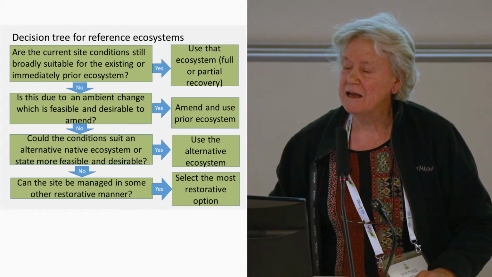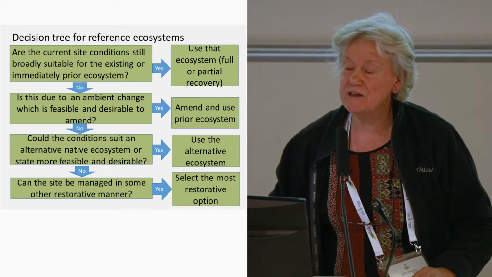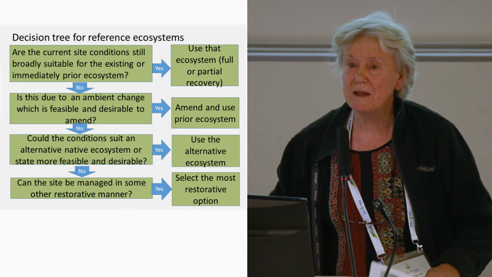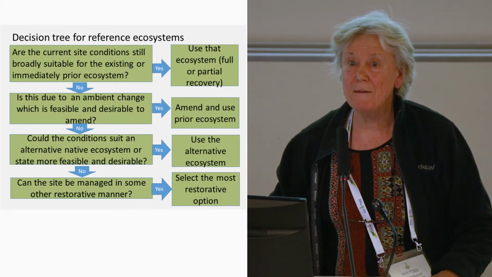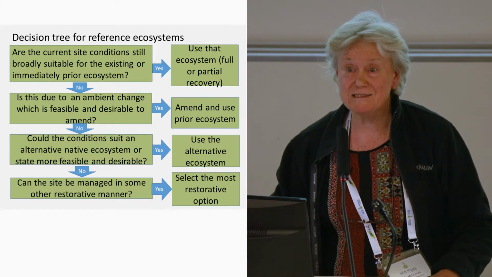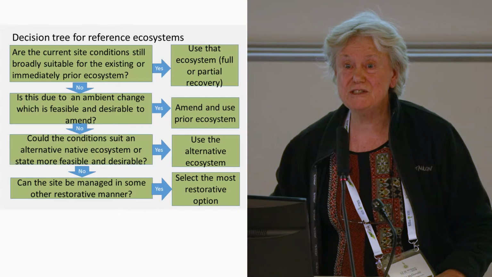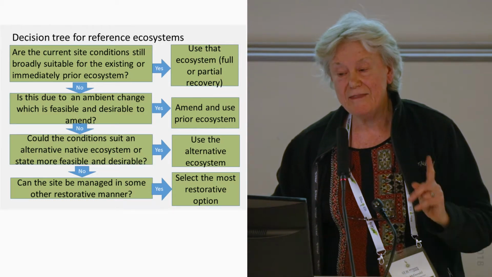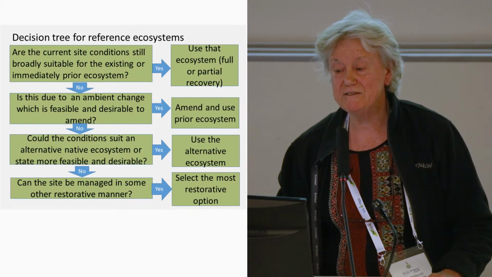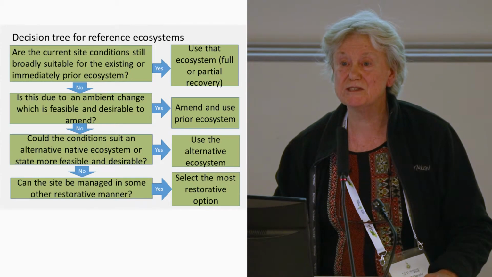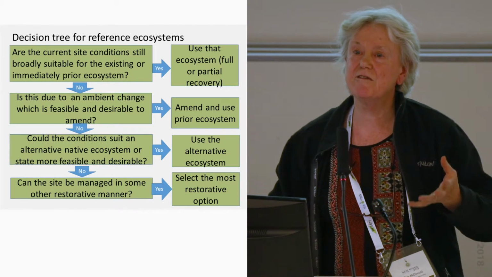So if that isn't possible because of some sort of ambient change or some sort of physical change, can you amend those physical conditions? If yes, amend those conditions and use that ecosystem as your model. If you can't, can the conditions suit an alternative native ecosystem or a state of that ecosystem that is more feasible and desirable?